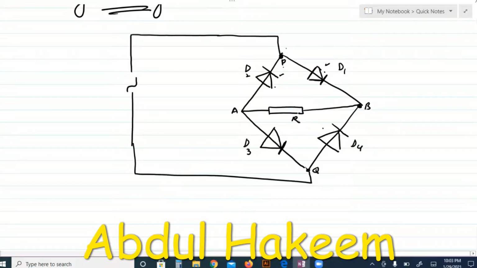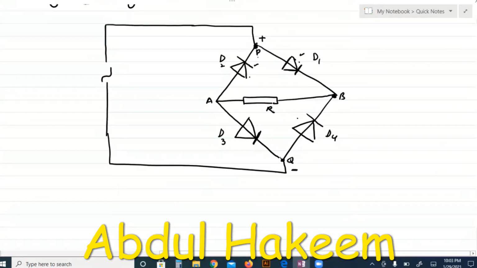Now when this P side becomes positive and this Q becomes negative for one of the cycles, then this D1 is forward bias and D2 is reverse bias. So the current flows through this diode D1 towards this B. So the terminal B becomes positive. For positive B, this D4 is reverse bias.